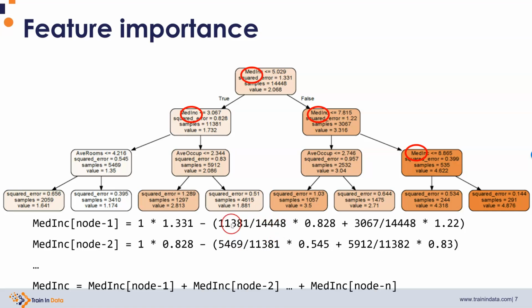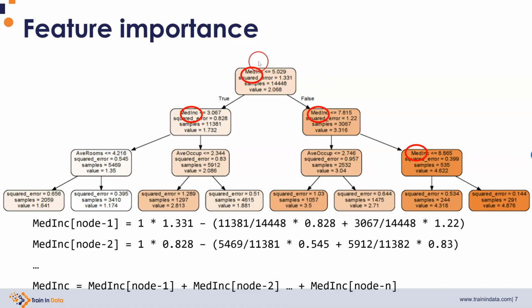So we're going to weight the squared error by this fraction, and we're going to add the impurity of the right child, which is the squared error 122, weighted by the fraction of observations, which is the 3067 divided by the original number. So this calculation here determines the importance of median income at this node.